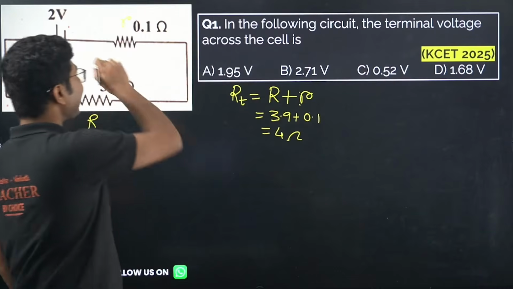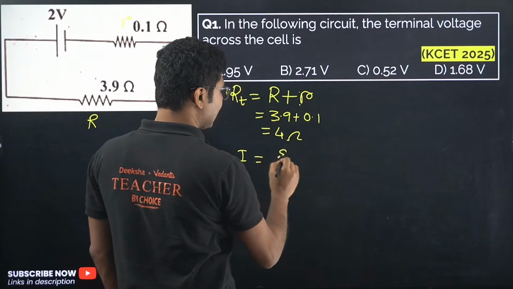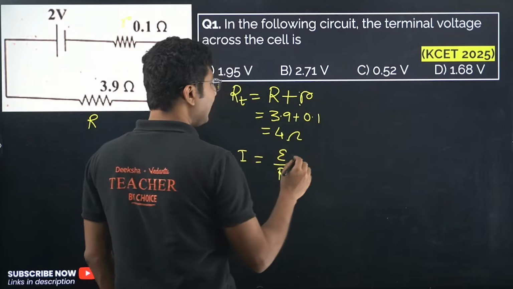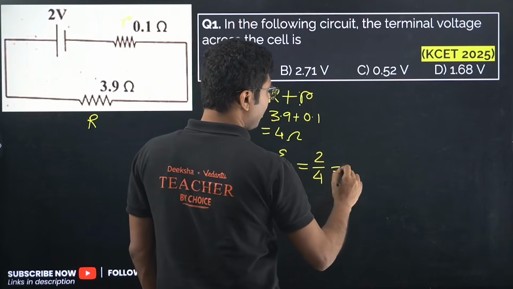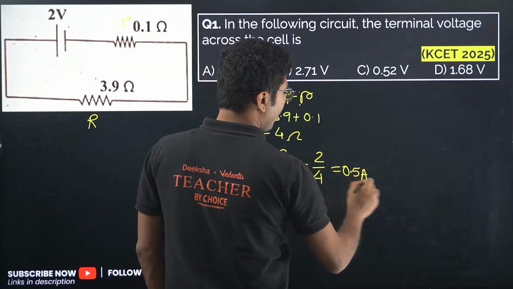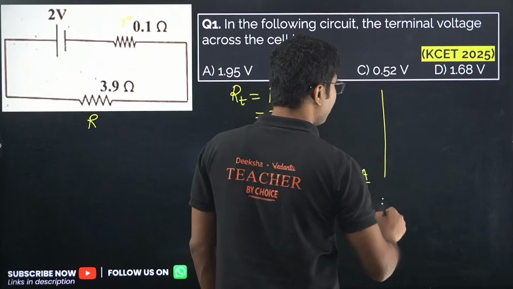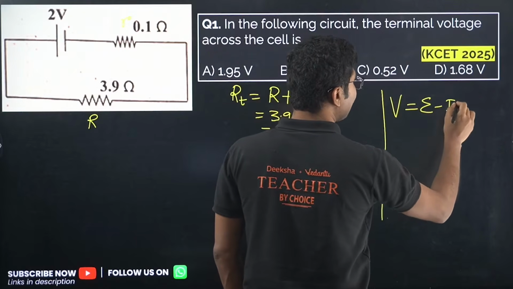Now what will be the current in the circuit? Current in the circuit is given by the EMF of the cell divided by the total resistance. EMF in this case is 2 volt, resistance is 4, so this will be 0.5 ampere. So 0.5 ampere is the current in the circuit. Now how to calculate the terminal voltage? Terminal voltage is given by epsilon minus I into r.